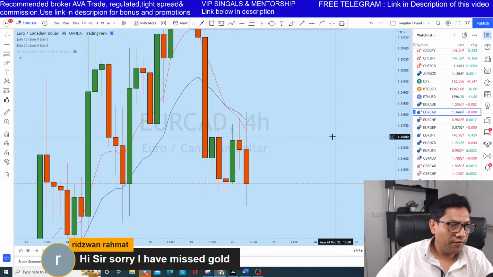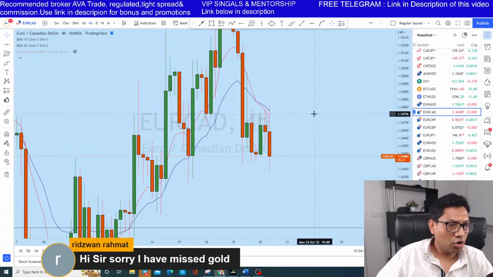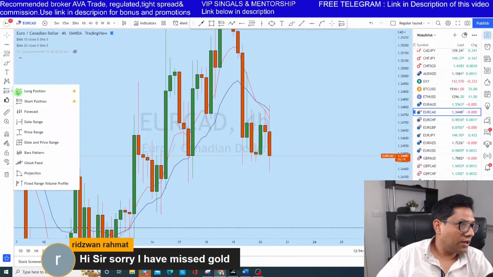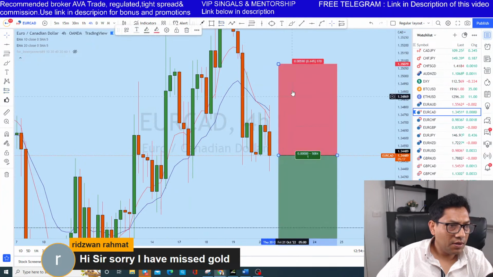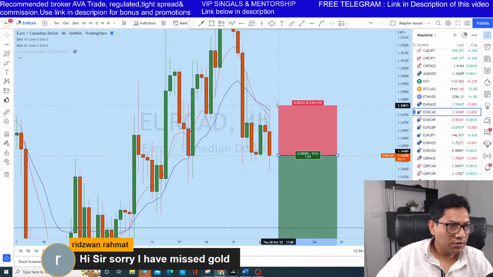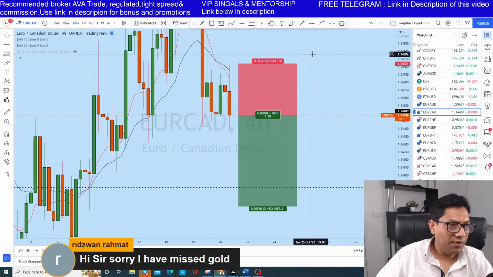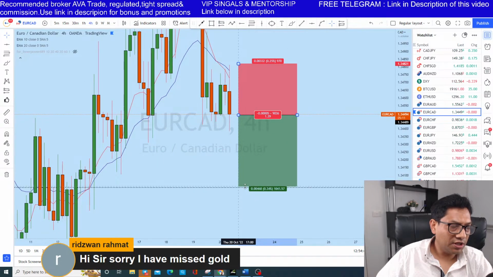Okay, I'm going to short Euro CAD directly by market. We might see some upward movement, so I'll keep my stop loss above this high, and I'll explain what strategy is being used. I'll be trading with 1.1 to 1.